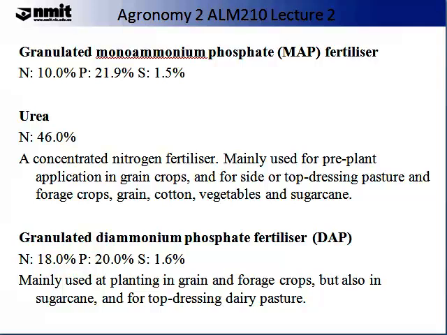Another product is shortened to DAP, which stands for granulated diammonium phosphate fertilizer. This contains 18% nitrogen, 20% phosphate and 1.6% sulfate. It is mainly used at planting in grain and forage crops, but also in sugarcane and for top dressing pastures. All 3 products are commonly used in agronomy.